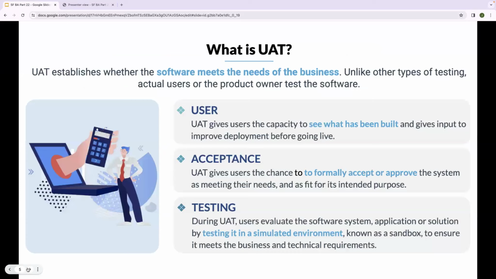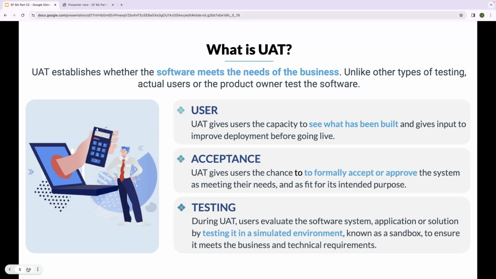What is UAT? UAT establishes whether the software meets the needs of the business. Unlike other types of testing, actual users or the product owners test the software. UAT gives users the capacity to see what has been built and gives input to improve development before going live.